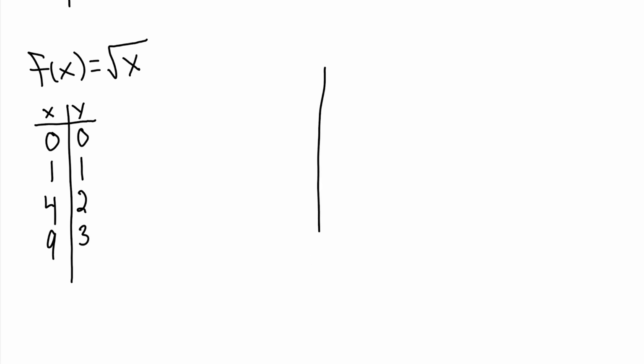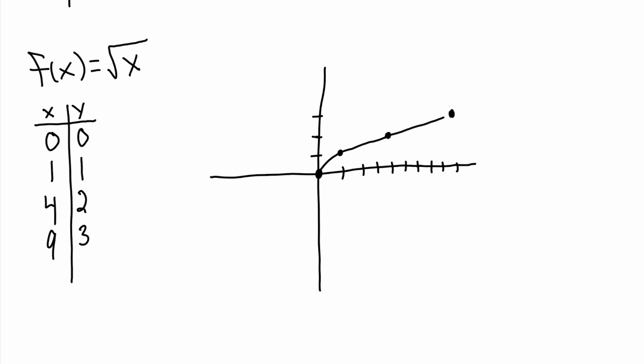So we can get an idea of the shape from these. We have 0, 0, 1, 1, 4, 2, 9, 3. Okay, so this is going to be curving downwards this way.